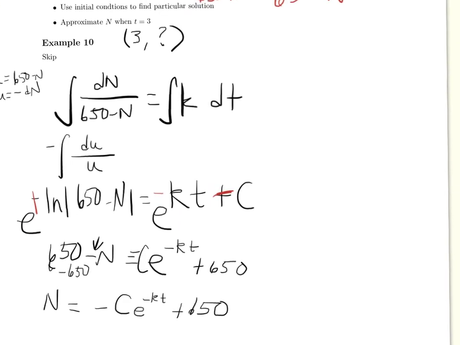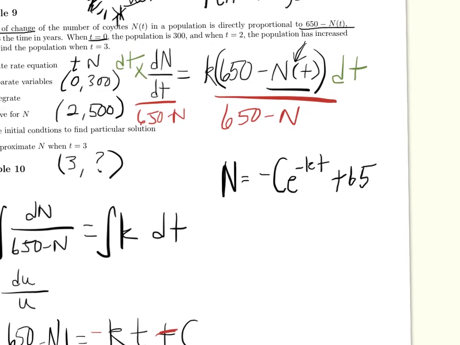Looking back at our initial conditions and our newly formed equation, n equals negative C e to the negative kt plus 650, when t is 0, we have 300, so 300 equals negative C e to the 0 plus 650.